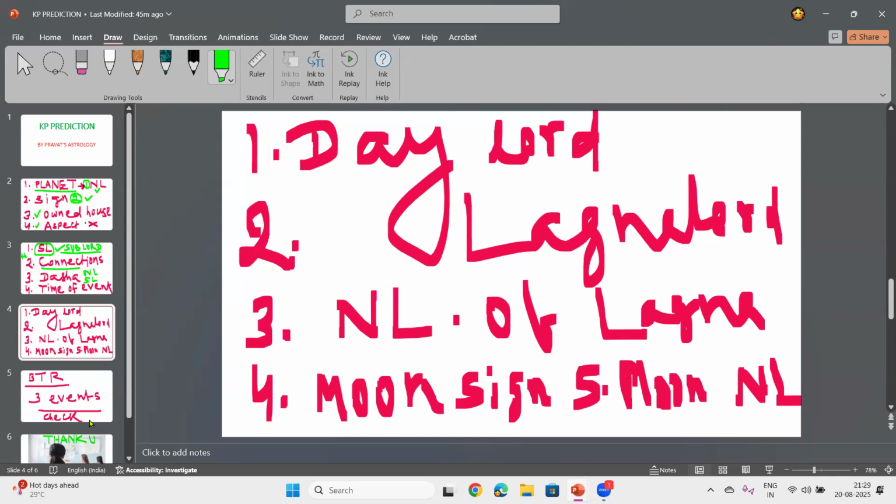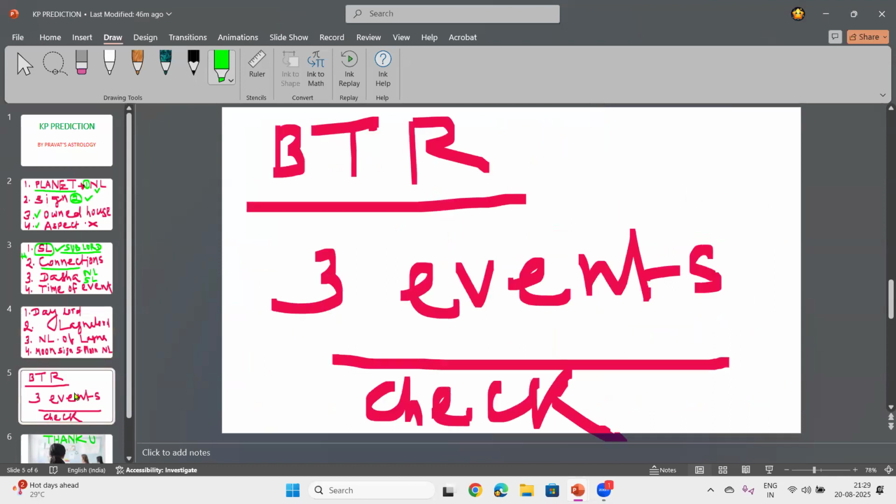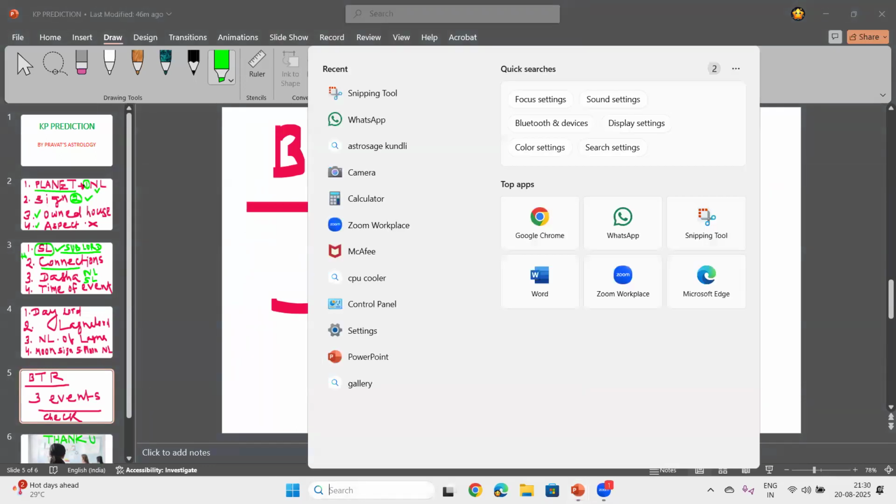We'll come to that. Before you start predicting, you must do birth time rectification. That means 3 important events of the native must be checked, and accordingly fine adjustments have to be made. So we'll directly go into the chart and we'll find out how things are going to help you in analyzing or getting a particular question.